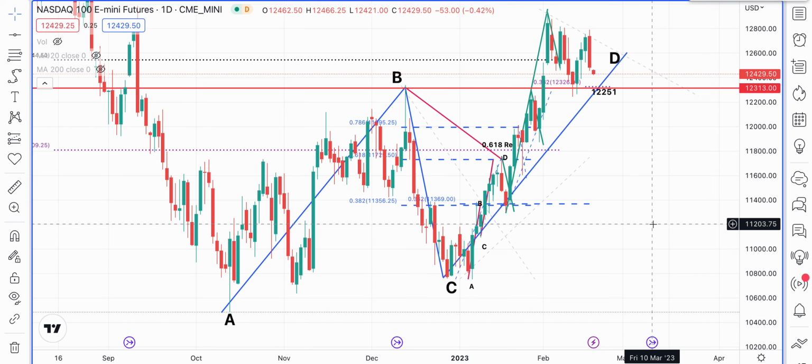Also, I will be beginning to cover on a regular basis certain forex markets and forex pairs, because I believe the forex market is going to be one of the key markets to look at, in terms of there's going to be movement coming in those markets, and also of course the forex market is the biggest market in the world.